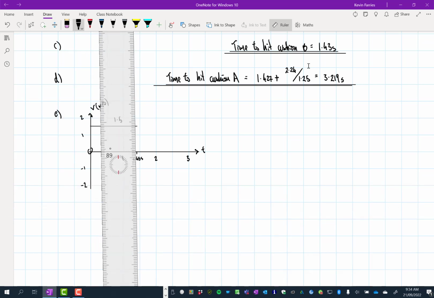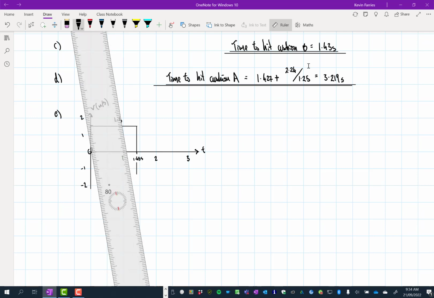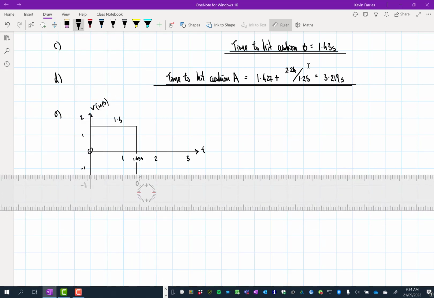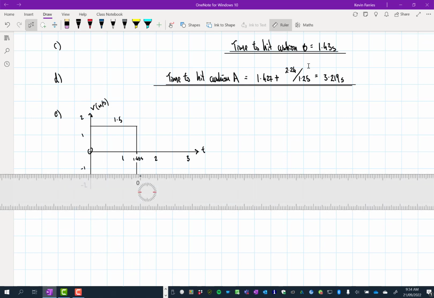Then it hits that cushion and bounces and goes in the opposite direction, so we're going to get a negative velocity for that. It's going to come down here and it goes at 1.25 meters per second, like so. And then it keeps going like that until it gets to the end.